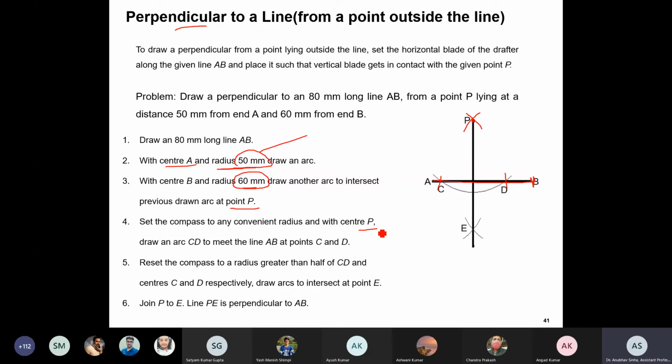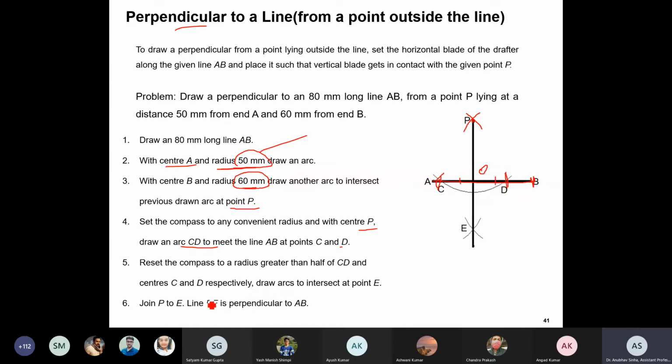Now, set the compass at P and take a large radius, and draw an arc CD to meet AB at C and D. So basically I'm getting two equal portions. Let us say this is O, so OC is equal to OD.